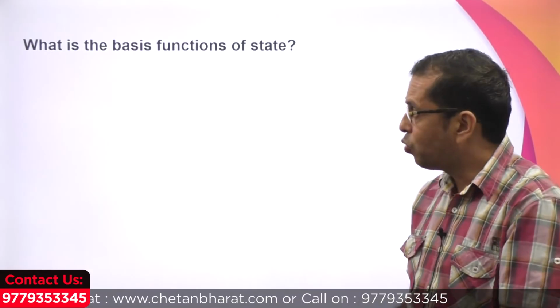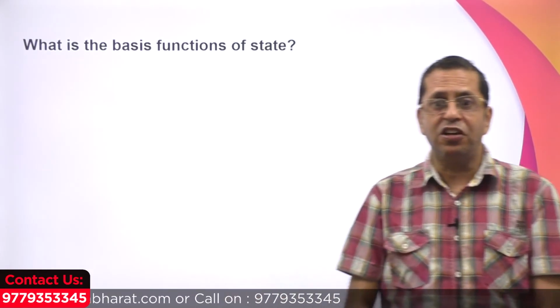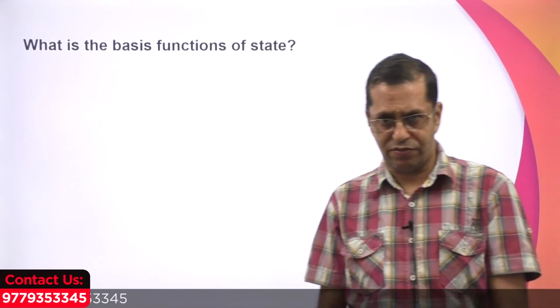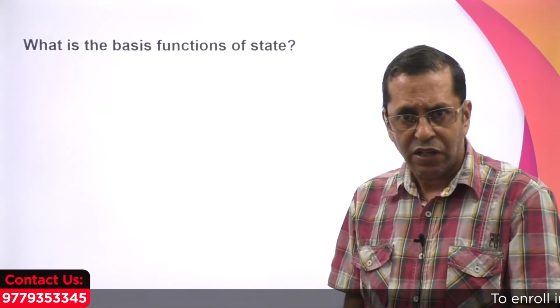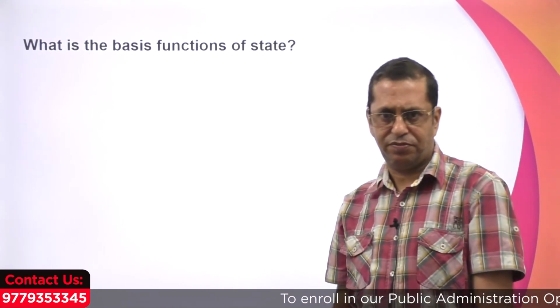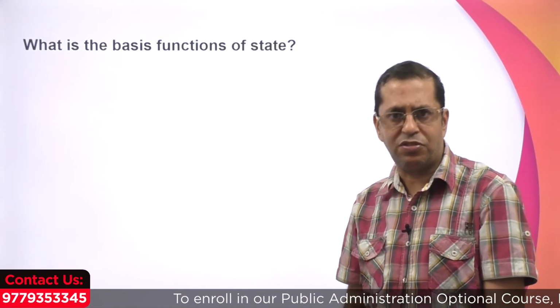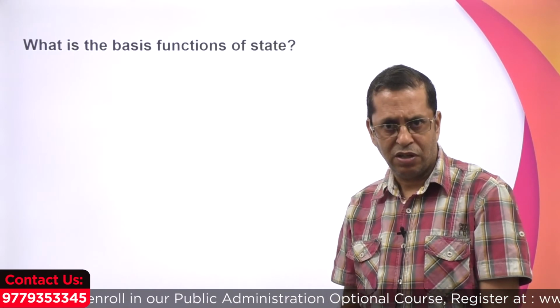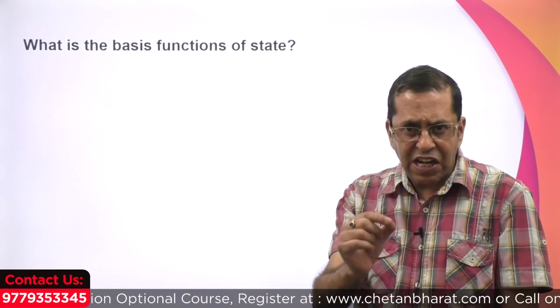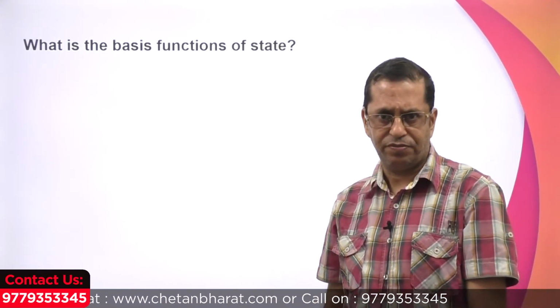But the core, the basic function of the state is to maintain law and order. Policing is a main function of the state. That is why the state is legally allowed to use force.